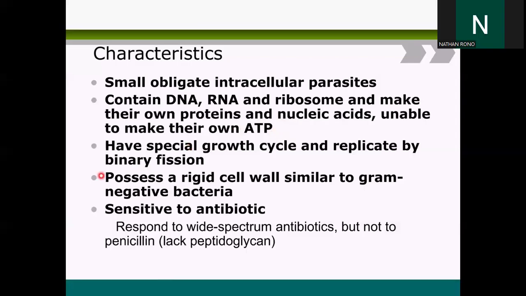They have a special growth cycle and replicate by binary fission. They possess a rigid cell wall similar to gram-negative bacteria and are sensitive to antibiotics. They respond to wide-spectrum antibiotics, but not to penicillin because they don't have the peptidoglycan layer.